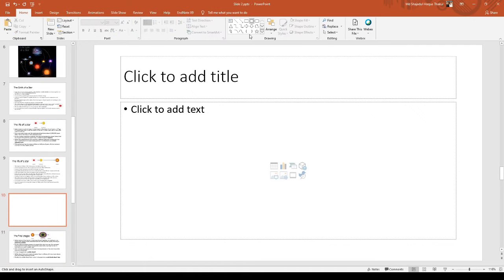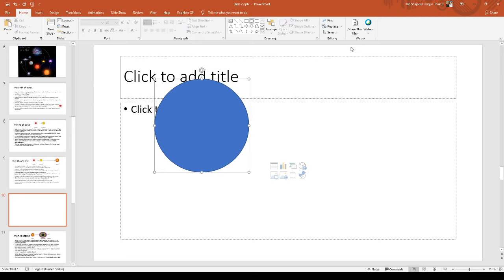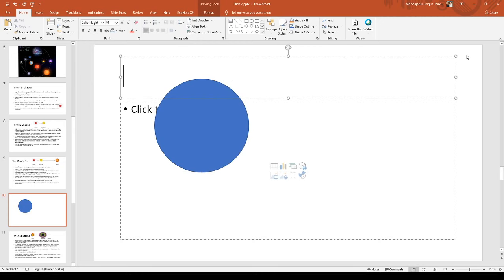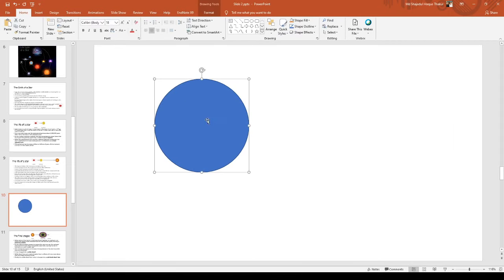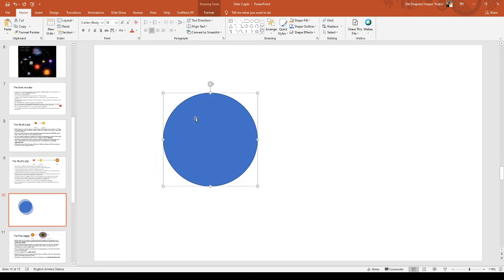So let's see if you can have a better understanding. Okay, I want you guys to really, this is pretty cool stuff. So let's say this is the sun.